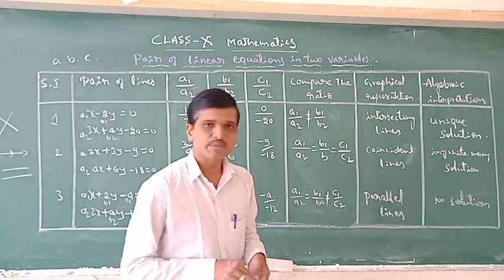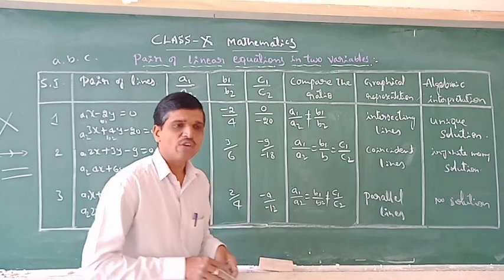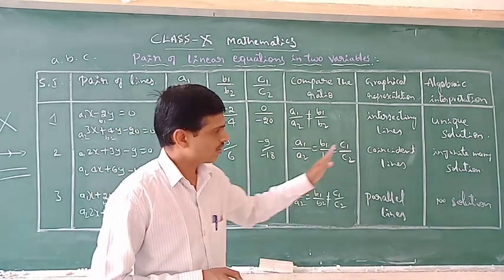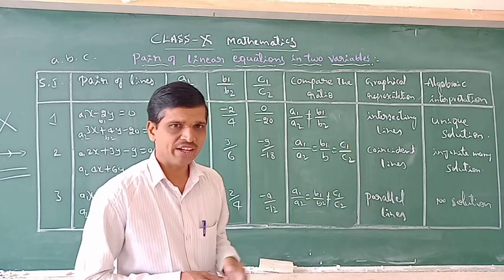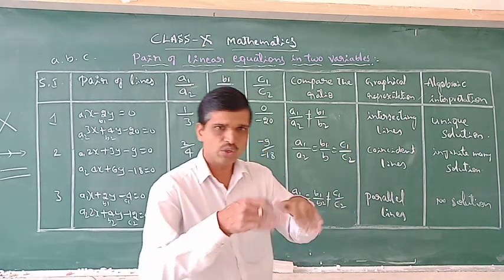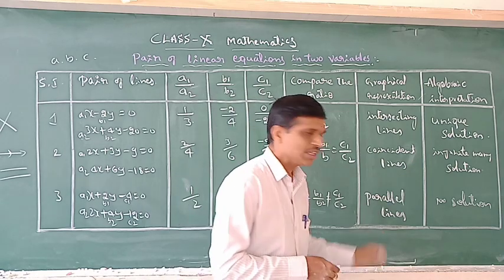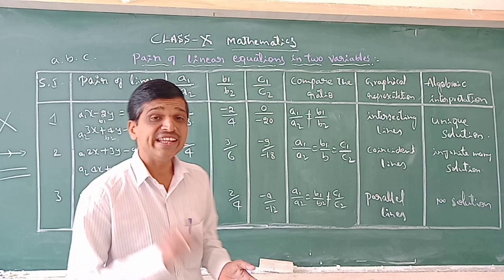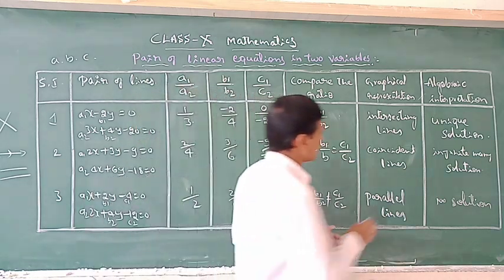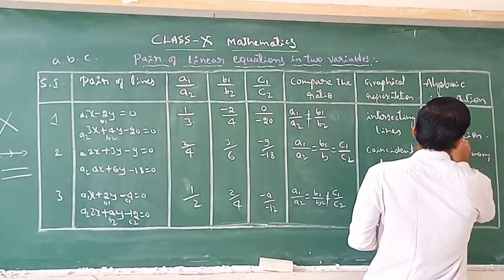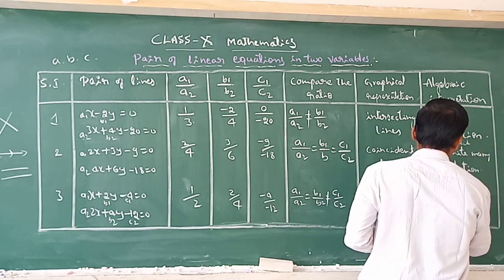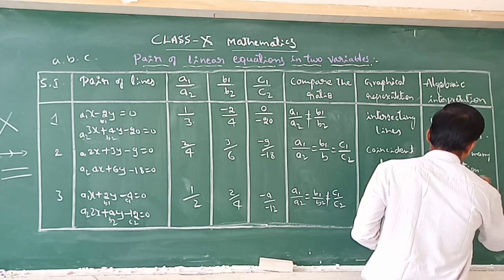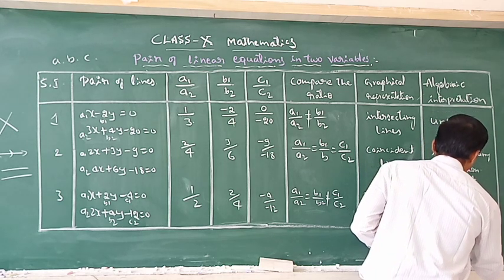If coincident lines, they have infinitely many solutions, means they are a dependent pair of linear equations, one dependent on the other. Parallel means there is no solution at all, because they never intersect, so they are inconsistent. It is known as consistent, dependent, and inconsistent.